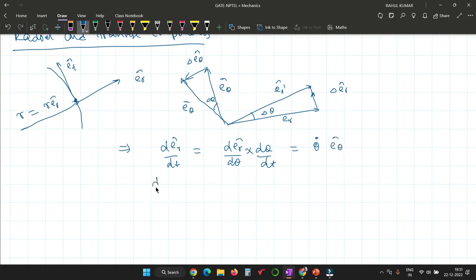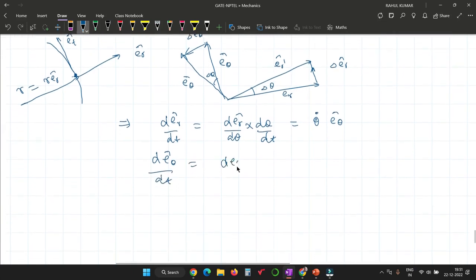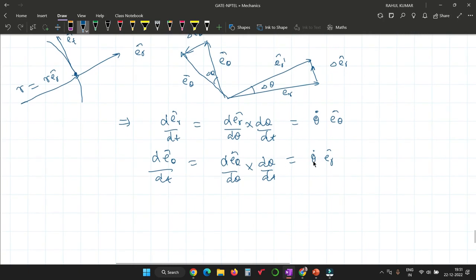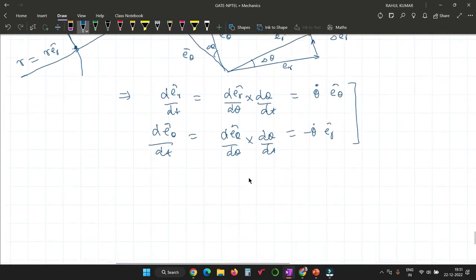Similarly, d e theta by dt is d e theta by d theta into d theta by dt, and again d theta by dt is theta dot, and it is minus er, because here it is just the reverse of the previous er. That's why it becomes minus theta dot er.